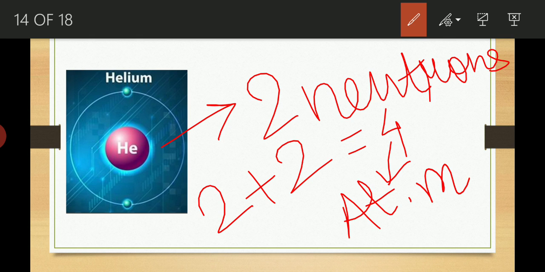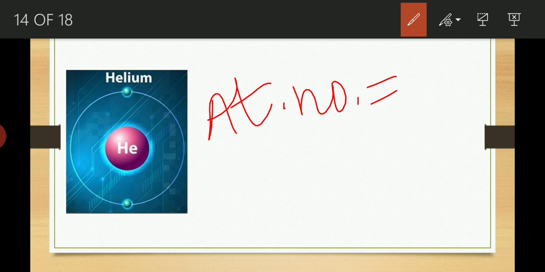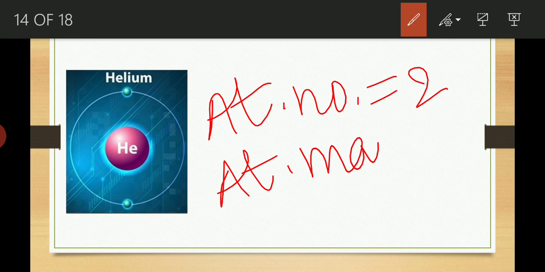Why? Because we know atomic mass means the total number of protons and the total number of neutrons present in that particular atom. So from here we can say the atomic number of helium is 2 because 2 protons are present, and the atomic mass of helium is 4, because 2 protons and 2 neutrons make 4. Clear?